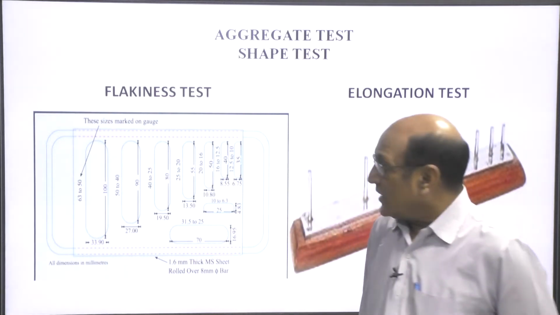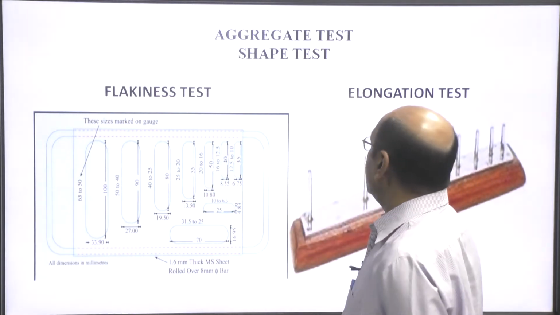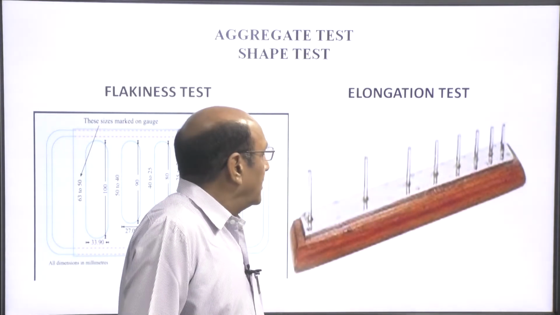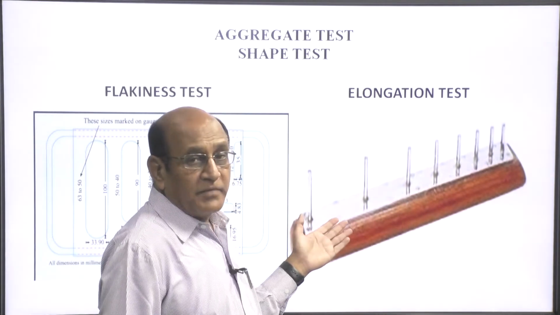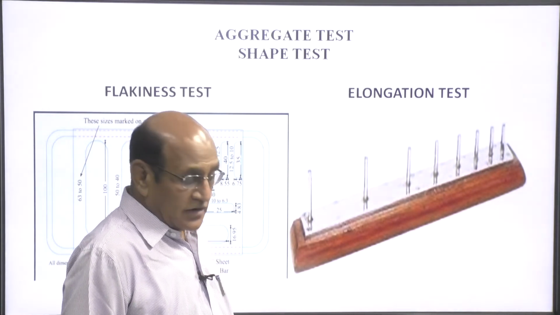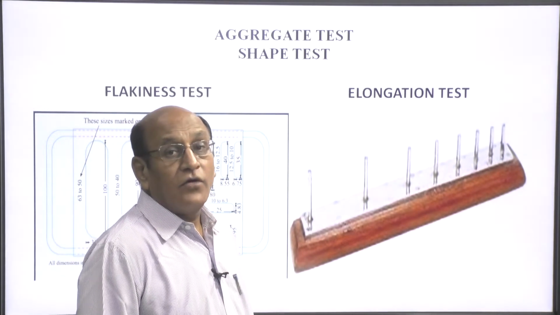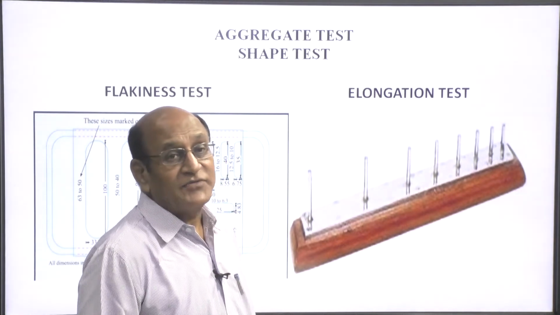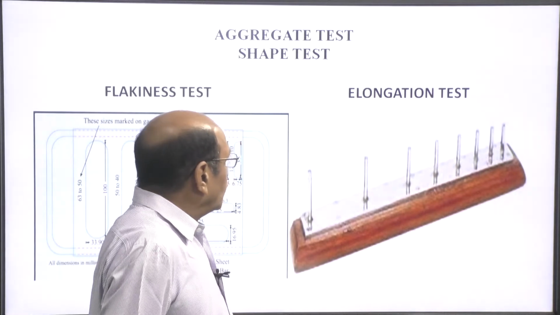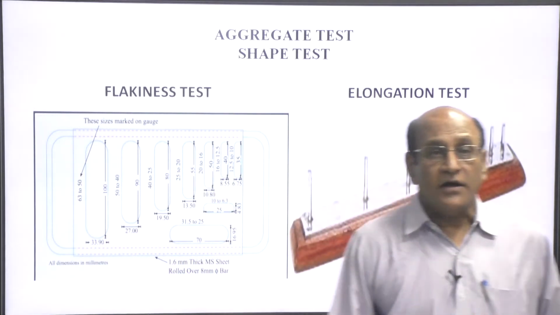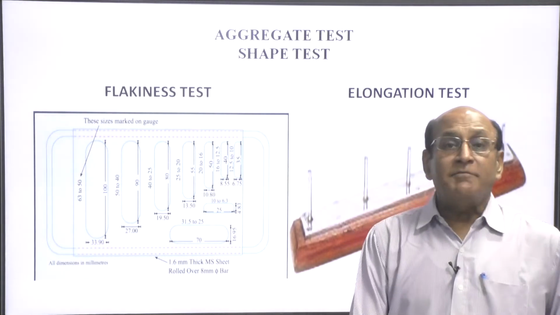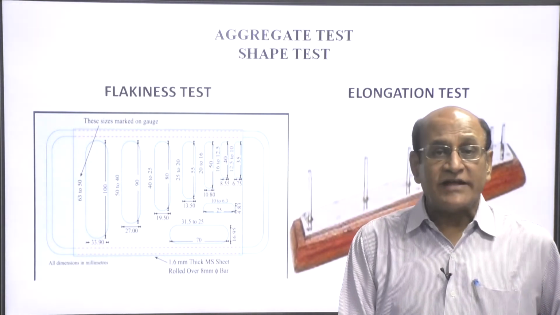So, by this method we can calculate the flakiness index. This is the elongation test. It is the percent by weight of the sample whose length is greater than 1.8 times the mean dimension. So, by this method we can calculate the flakiness index and elongation index, and the maximum limit should not exceed 15%.